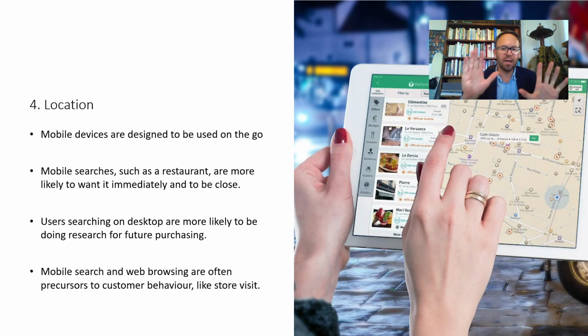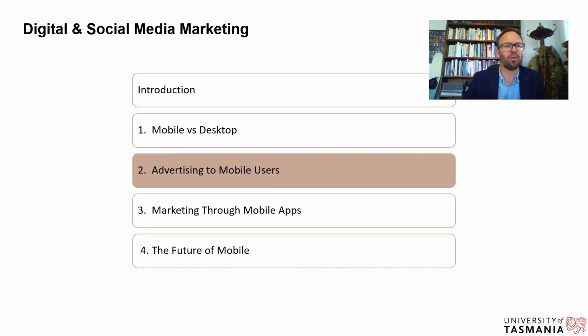So when we analyze that data, we can say the search behavior on mobile phones predicts retail behavior, like in-store behavior, much more directly than desktop behavior, just because of the time lag as well. All right, so I'm going to pause it there and then we'll look at advertising to mobile users.